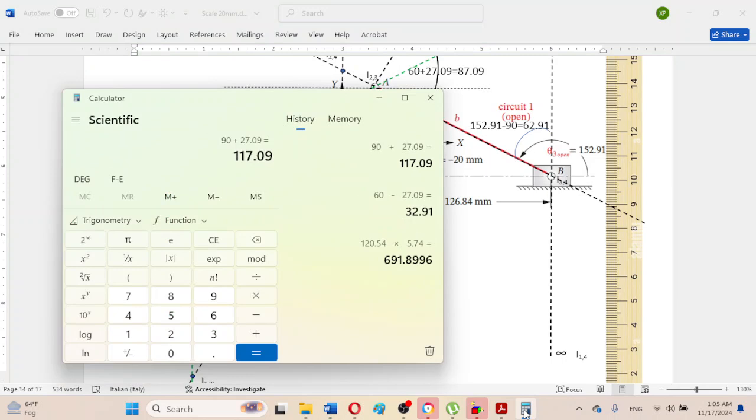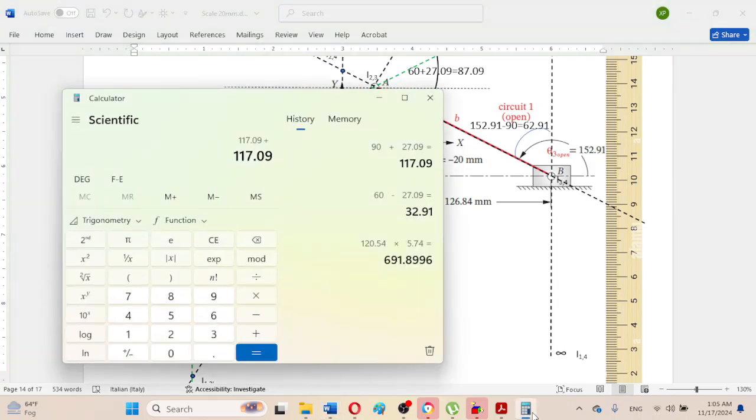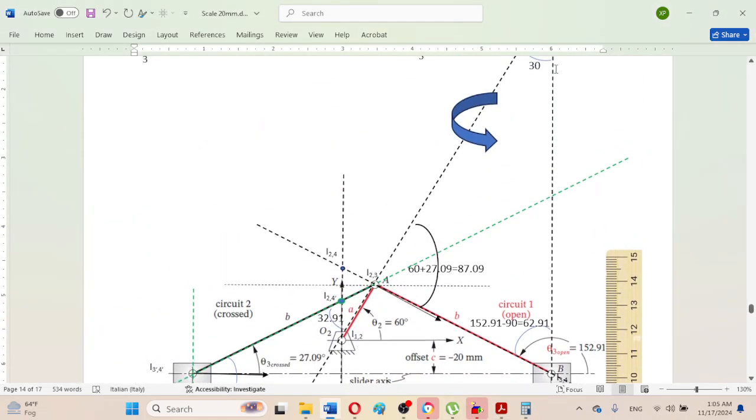So we can sum up 117.09 plus 32.91, and this will be equal to 150 degrees. So again, as we can observe here, this third angle will be equal to 30 degrees.